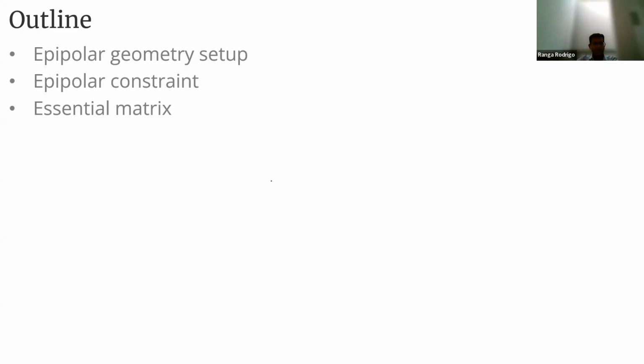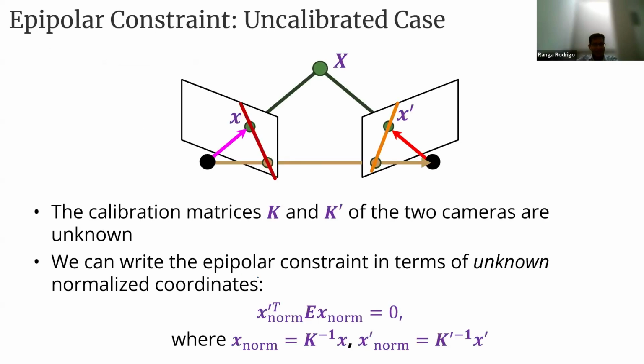Okay, fundamental matrix. The essential matrix we computed using the normalized coordinates. That means multiplying the x's and x primes by K inverse and K prime inverse respectively.